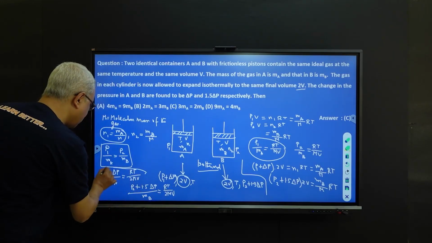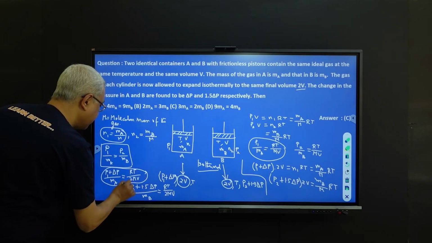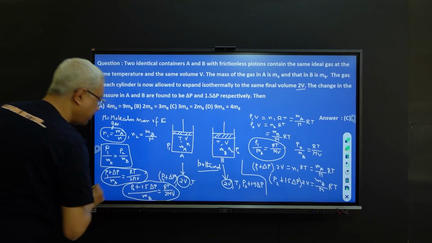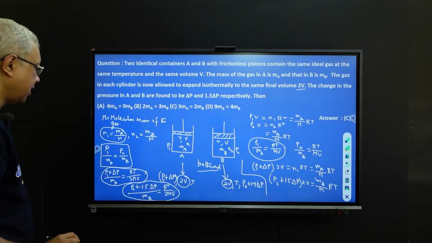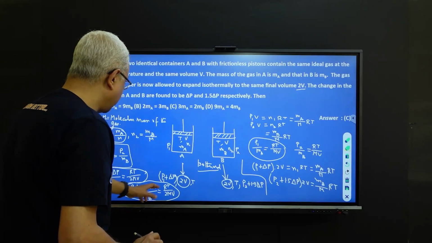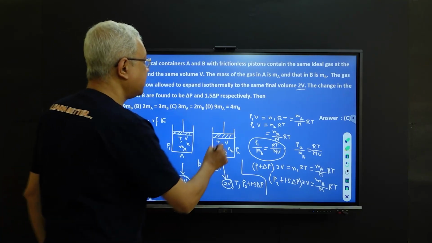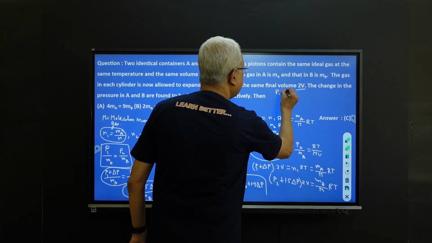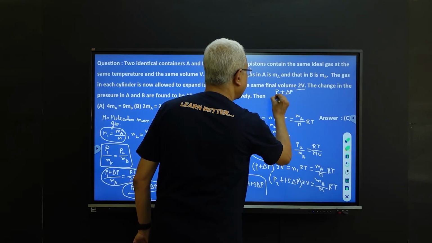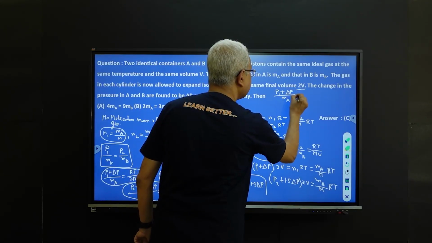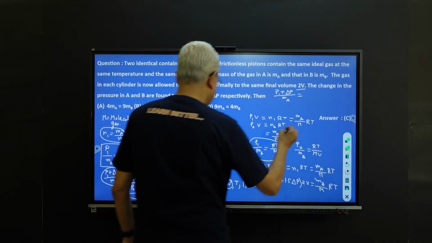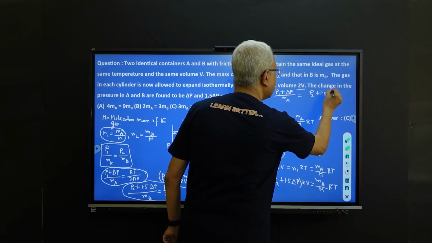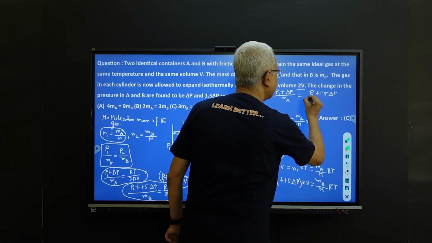So this is one expression, this is another expression. Just a simple application of the ideal gas law. The right hand side is the same in both cases, so I can write P1 plus delta P by Ma is equal to P2 plus 1.5 delta P by Mb.